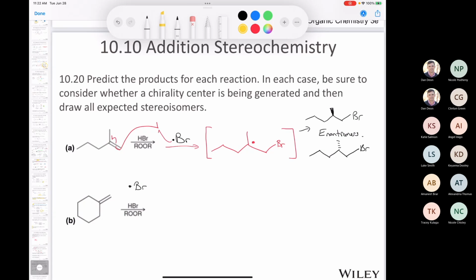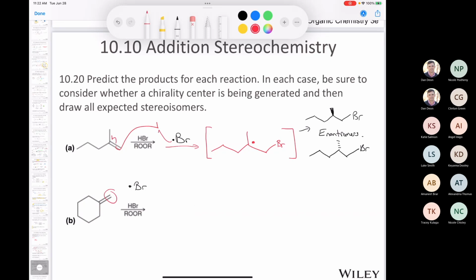How many products would you get from this second one? Do you think it would be 1 or 2 or 3? Would you form a stereocenter? Yeah, absolutely. What I'm seeing in the chat is my students are saying only 1 product, and I think they're perfectly correct because you don't form a stereocenter here, do you?